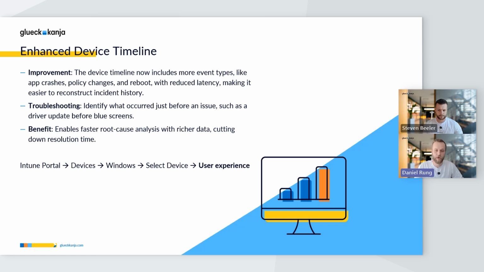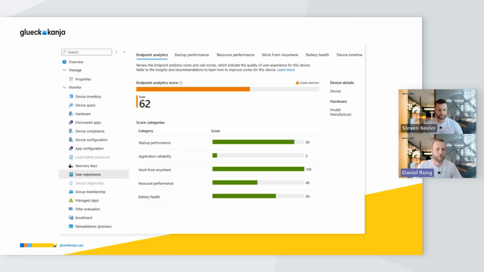So you have app crashes, app hangs, maybe after a boot, or a blue screen appears before app crashes, which can help you to identify and troubleshoot an issue. In the overview of the device timeline, you see all reports we saw before. On the top, after you have the license for advanced analytics, it's enabled for resource performance, battery health, and the device timeline on the top.